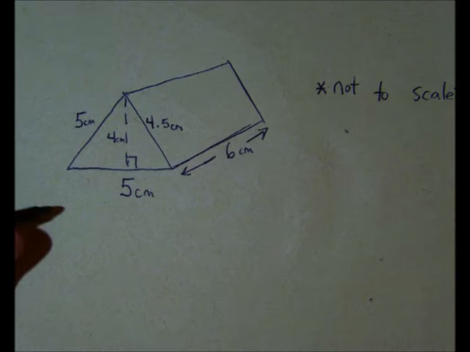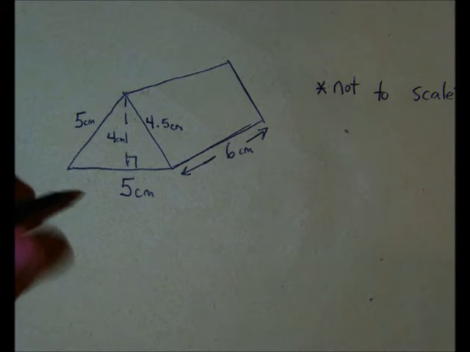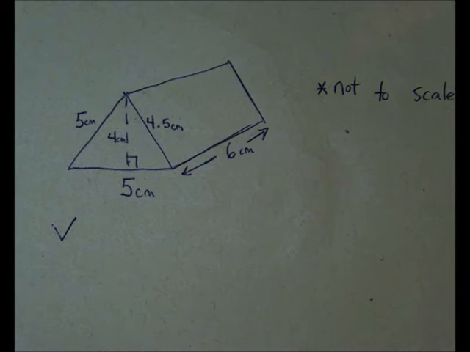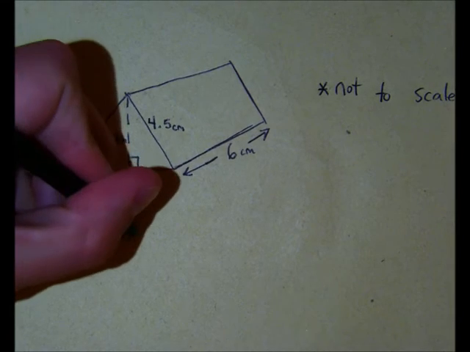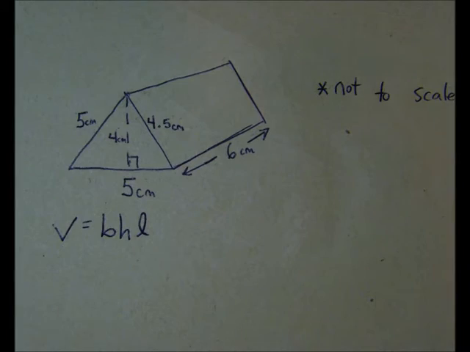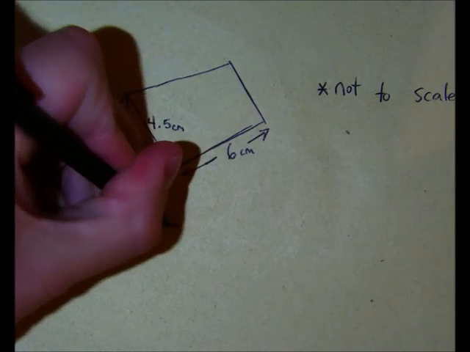The way you calculate the volume of a triangular prism: volume equals the base times the height times the length of the prism, all divided by 2.